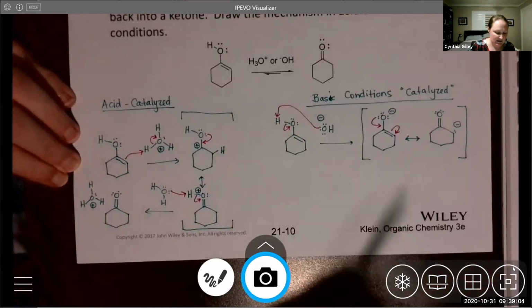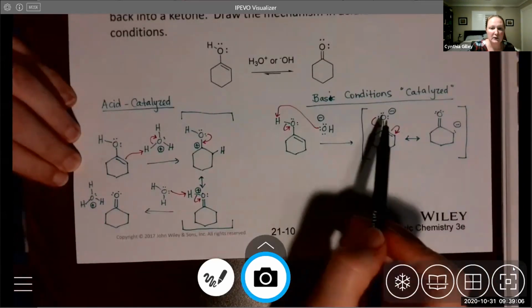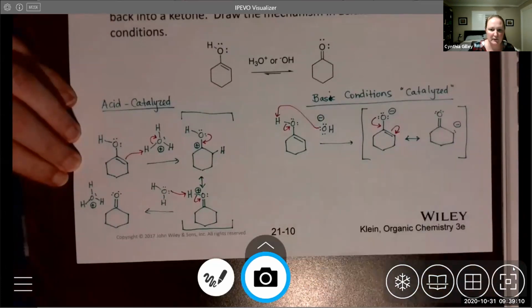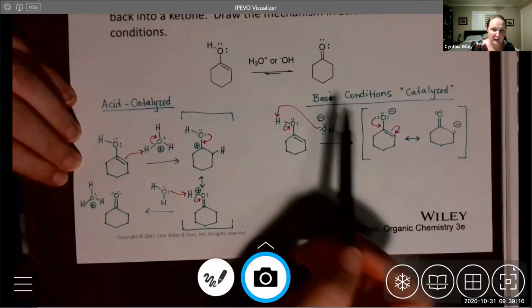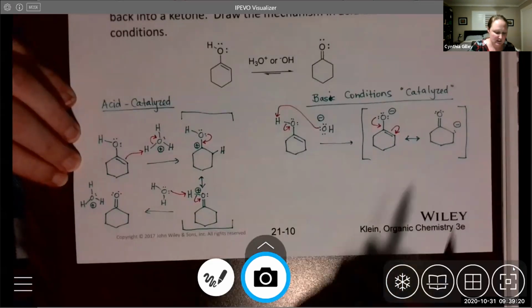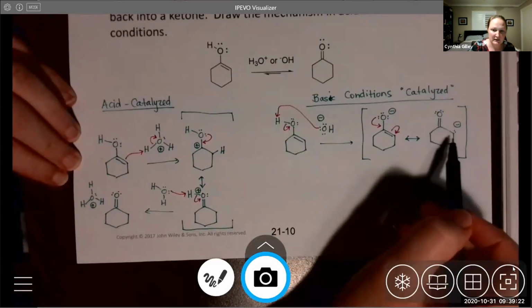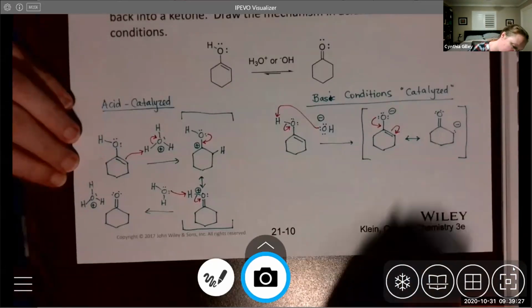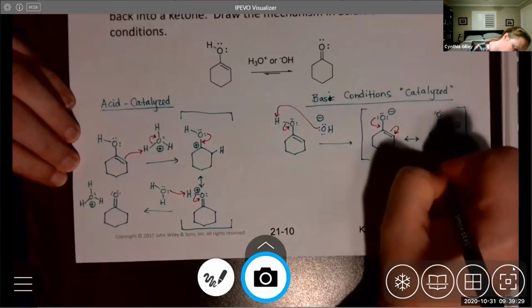This shows us that the negative charge is localized between the oxygen and the alpha carbon, and both of those have a partial negative charge as a result. Notice that we're very close to the keto form in this tautomerization, and all we need to do is protonate the alpha carbon to get to the keto form.